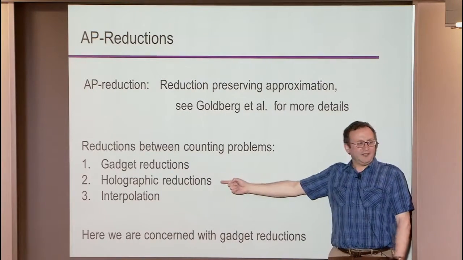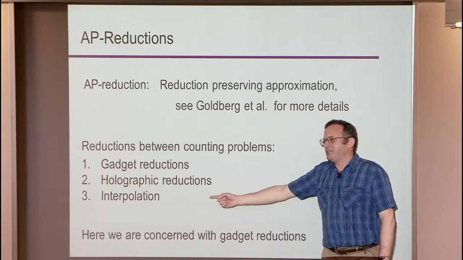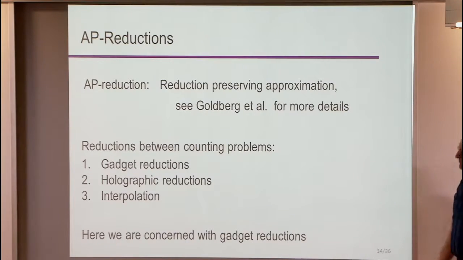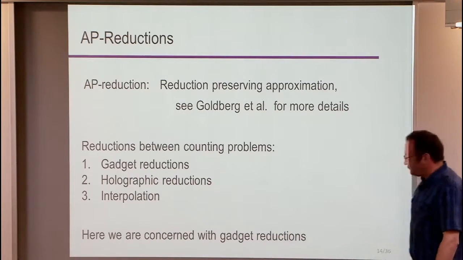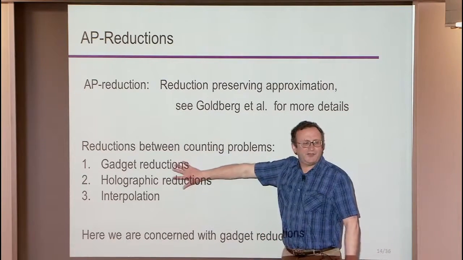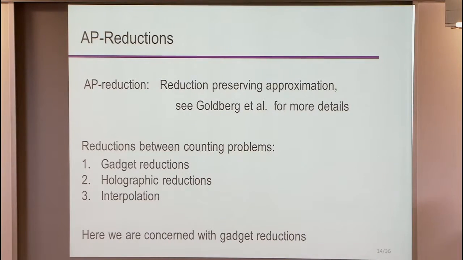Well, second, I don't know that much about holographic reductions. And third, interpolation is not approximation preserving. So that's what we are going to talk about. But actually later, if time permits, we will see some kind of funny interplay between these 2 things sometimes. It's maybe a little bit more than just that.